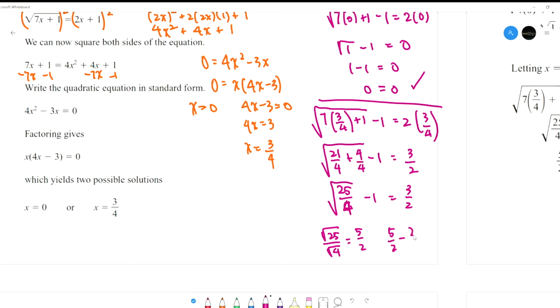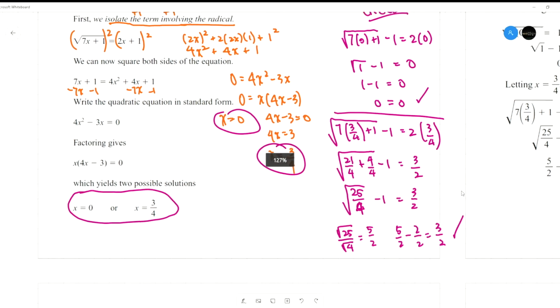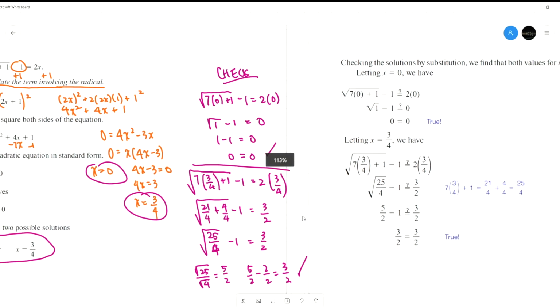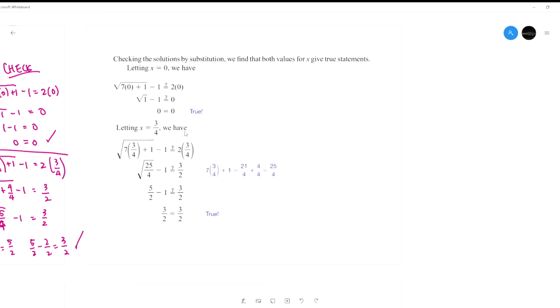What is 1? 1 is 2 over 2, which is equal to 3 over 2. So this actually works as well. So both are solutions. Or actually, I could circle the ones we wrote here. Okay, so that one was probably a tougher one because of the challenge of dealing with fractions.